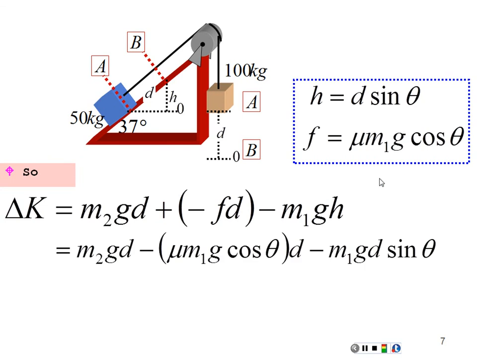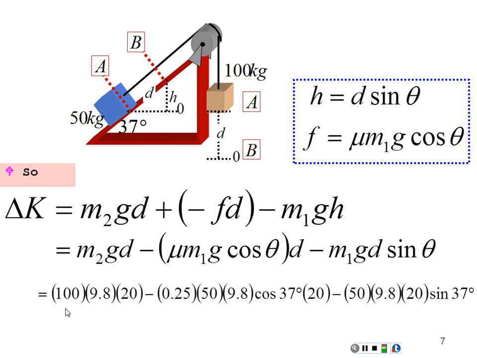Let's put in our values for h and our values for the frictional force, and we have this somewhat complicated equation, but we actually know what many of these numbers are, and now we can just put in our numbers.